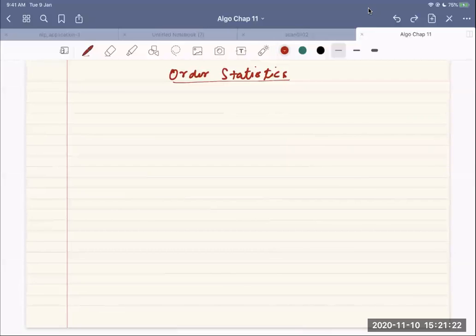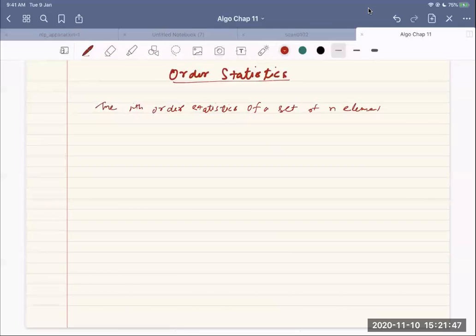So I define the ith order statistic of a set of n elements. It is the ith smallest element.